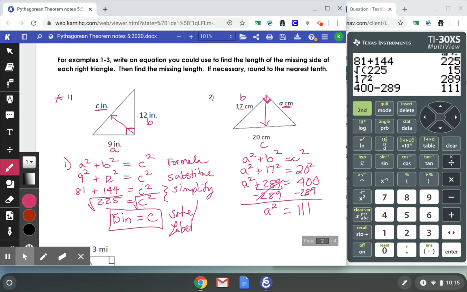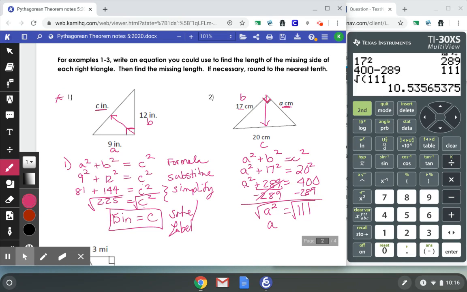I'm not done yet though, because I have A squared. I need to get A by itself. So remember, to get rid of that squared, you do the opposite of squaring something, and that is to take the square root of both sides of your equation. The square root of A squared is A, and the square root of 111 is 10.5356, it keeps going.